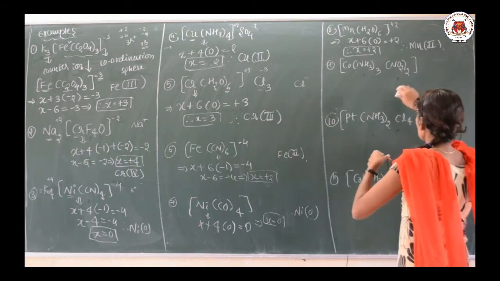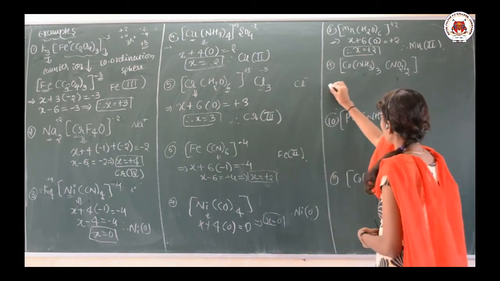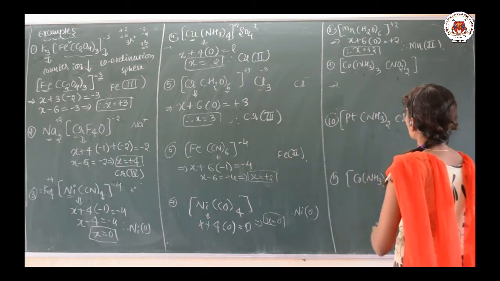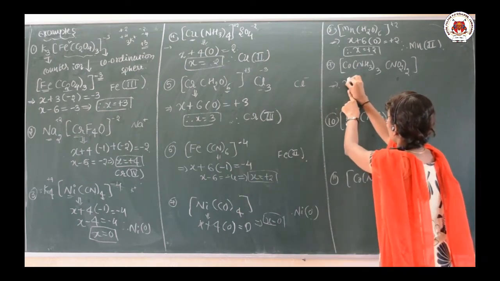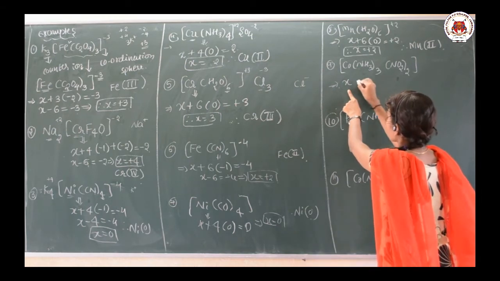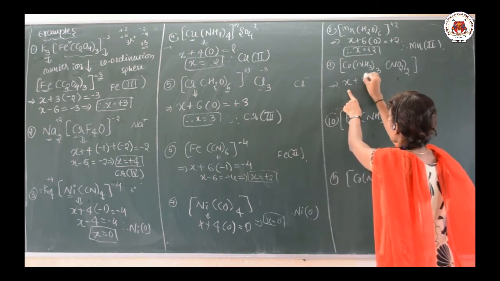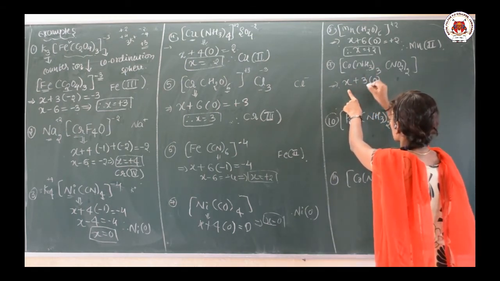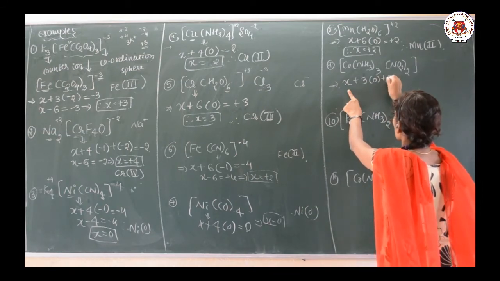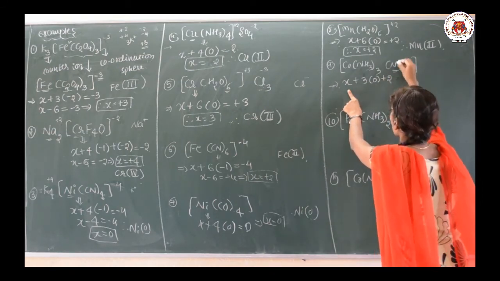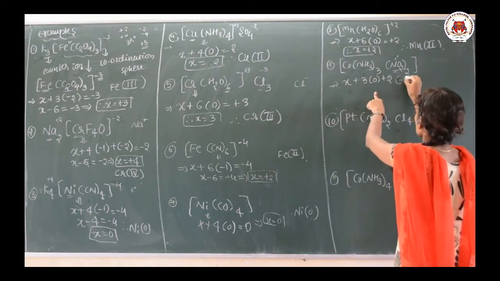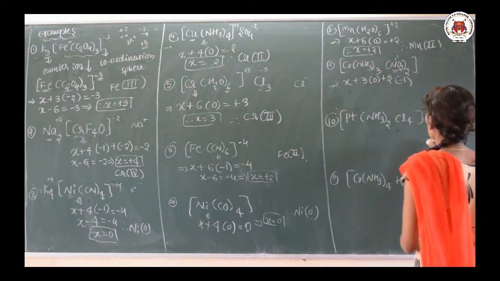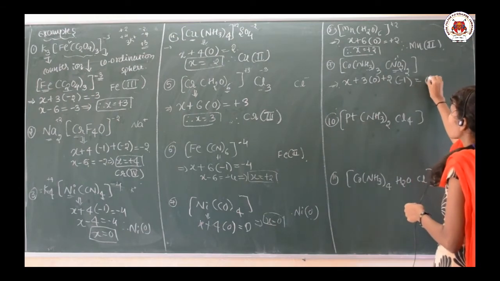Next, we will go for this one. Here cobalt I will keep as X plus 3 amine, its charge is 0, plus 2 into NO2, NO2 can give us -1. So -1, which is equivalent to 0.